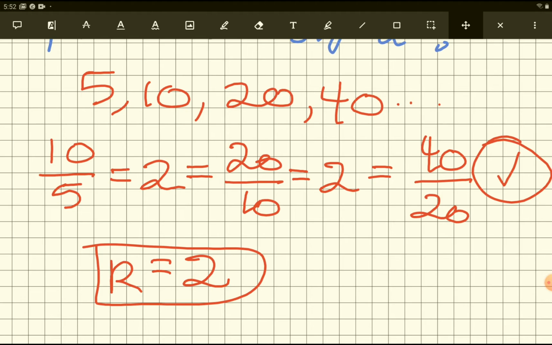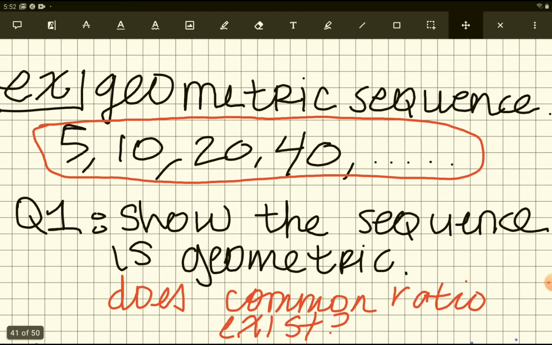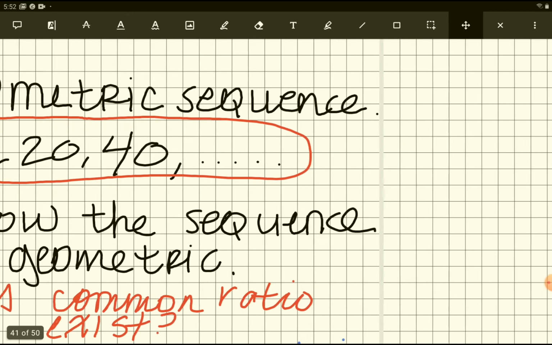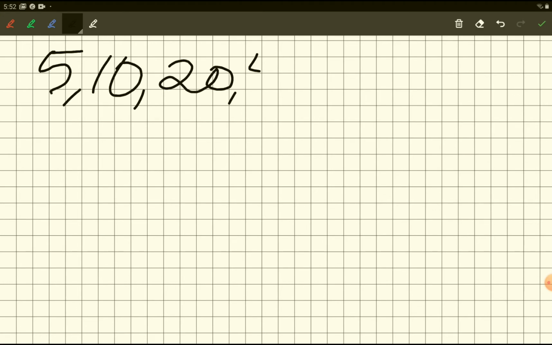Next question. Using this sequence, it tells me to find the general formula. 5, 10, 20, 40. Question 2.